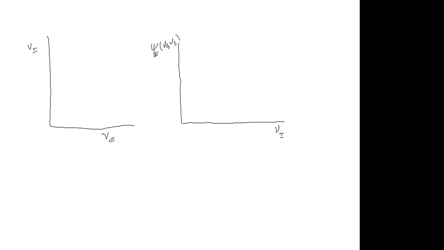Inhibitory neurons don't fire at all. So this is nu E equals 0. We also want to add, of course, the nu I equals nu I line, and we're looking for nu I equals psi I of nu E comma nu I. As we increase inhibitory firing rate, this corresponds to a point right here. So again, if the excitatory neurons aren't firing, inhibitory neurons aren't firing, and equilibrium is 0 firing rate.